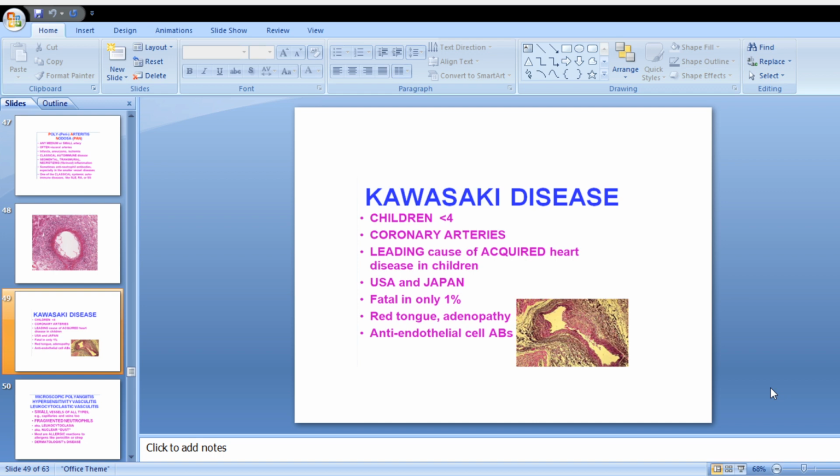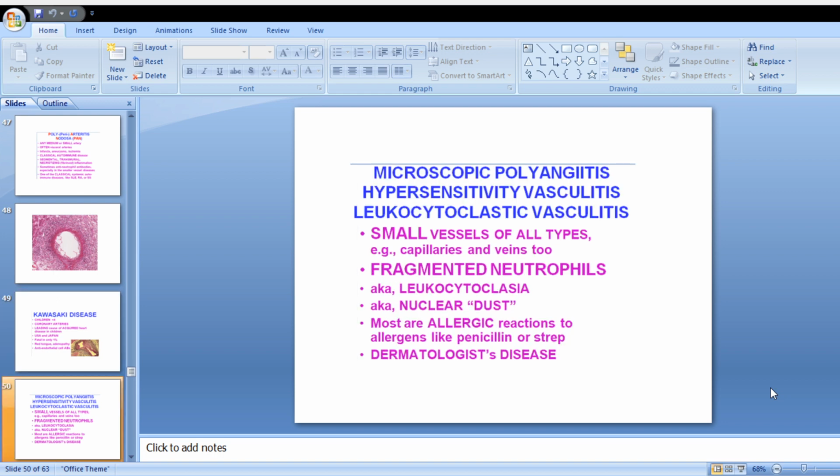Then the small artery vasculitides are microscopic polyangiitis, hypersensitivity vasculitis, and leukocytoclastic vasculitis. They involve capillaries and sometimes veins too. Fragmented neutrophils are seen in this case, which are called leukocytoclastic nuclear dust.